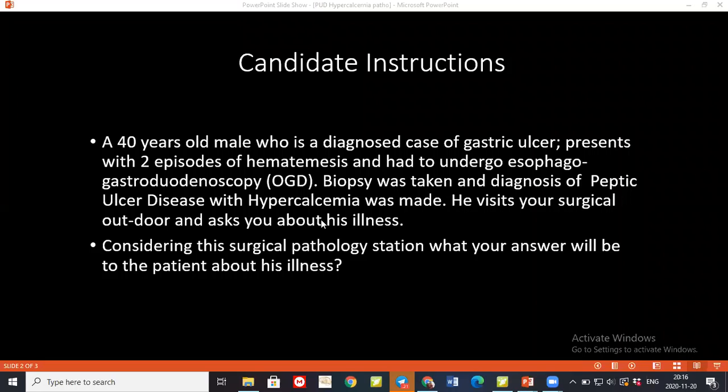Hypercalcemia can be associated with increased parathyroid hormone, due to primary hyperparathyroidism or secondary or tertiary. It can be due to familial hypocalciuric hypercalcemia, or vitamin D toxicity, and maybe some granulomas such as sarcoidosis. It is also associated with some drugs such as thiazides, with immobilization, and with malignancy.